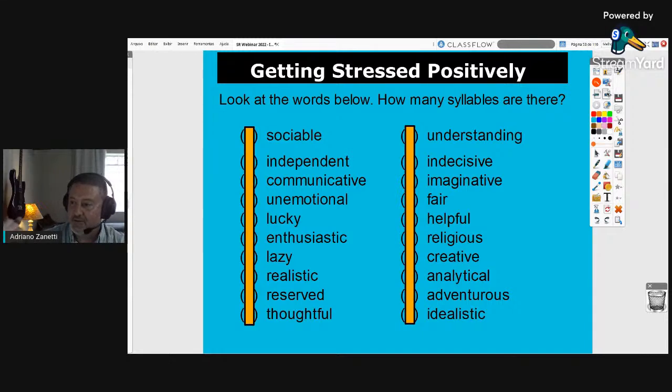So one way is to count the stresses. So, so-cia-ble, you go for 3 stresses or syllables, so counting the sounds. So we're using ear training again. And that's the way you work with how many syllables there are.